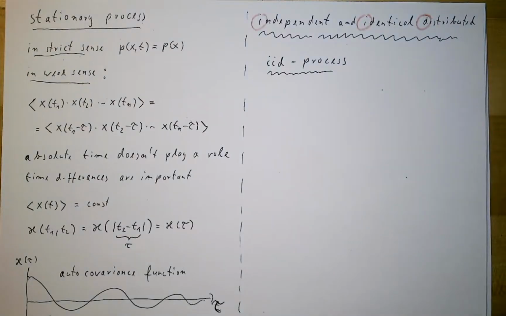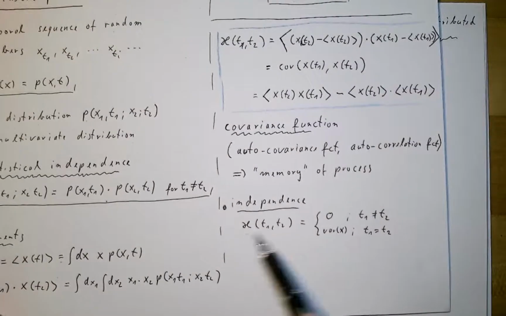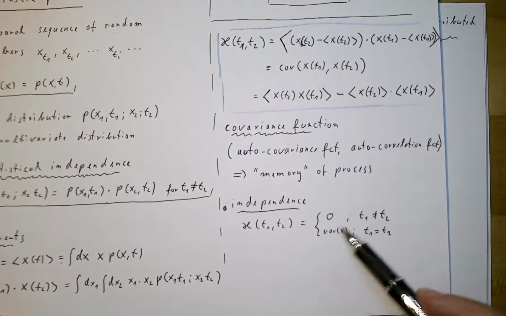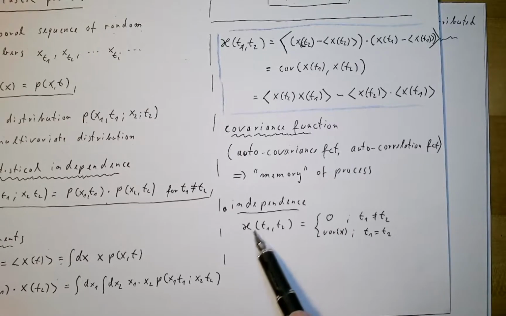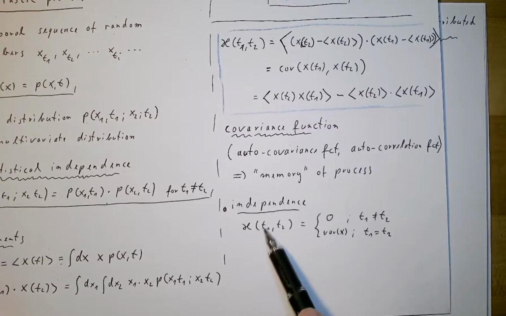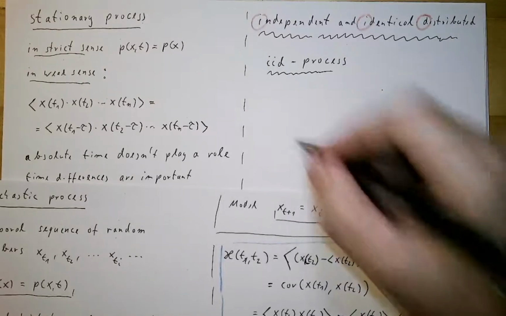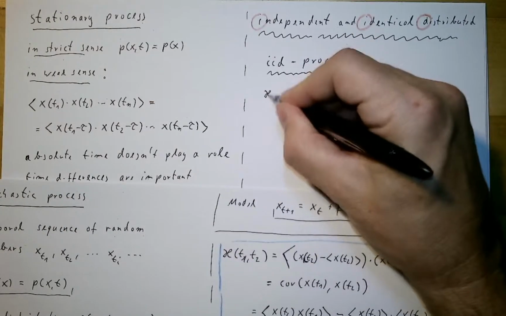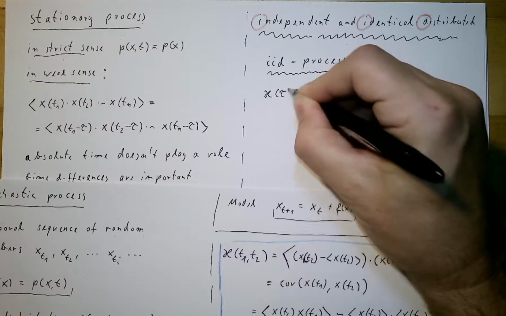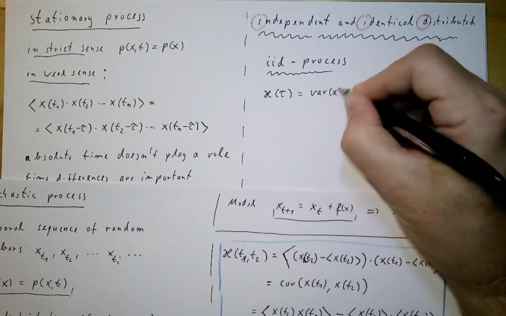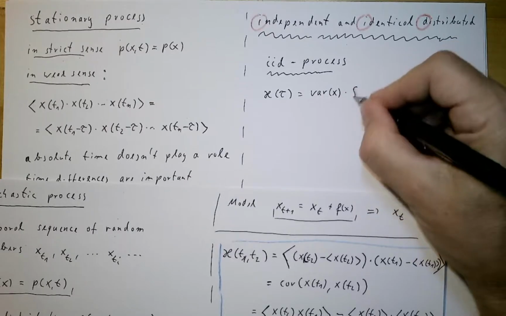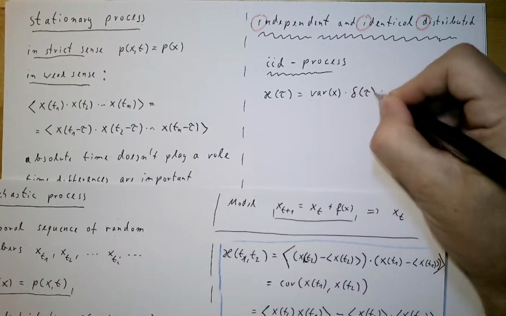And what does the covariance function look like? If you see this, now we can use the delta function which I introduced before, because this kappa depends, since we are stationary, only on the time difference. And we can say this kappa of tau equals the variance of x times a delta function of tau.